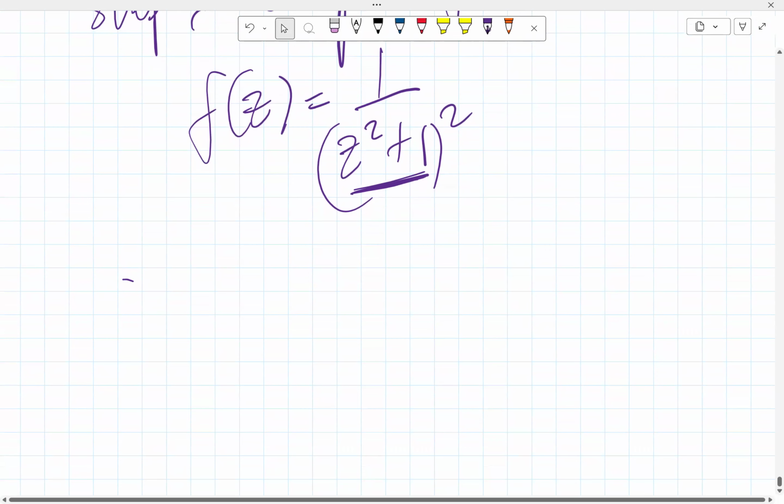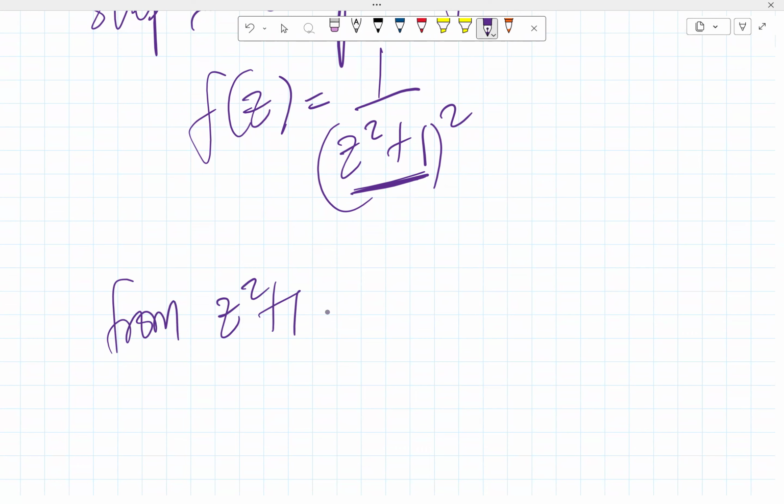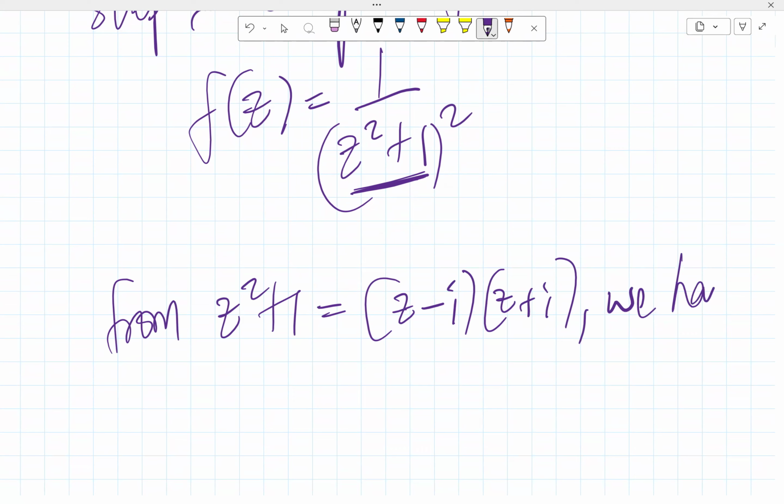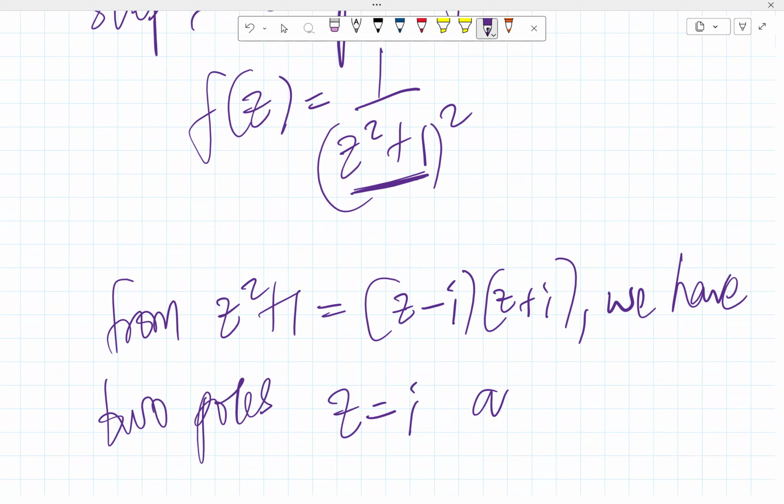From z squared plus 1, which can be done as z minus I into z plus I, we have two poles, z equals I and z equals minus I.